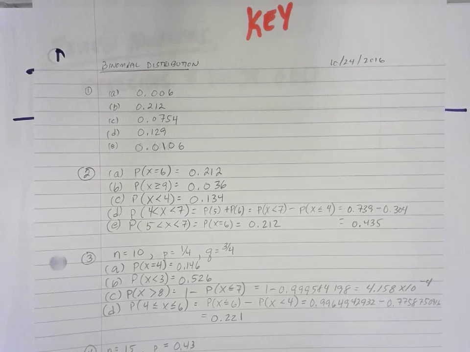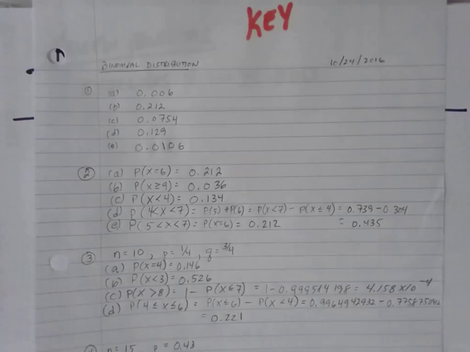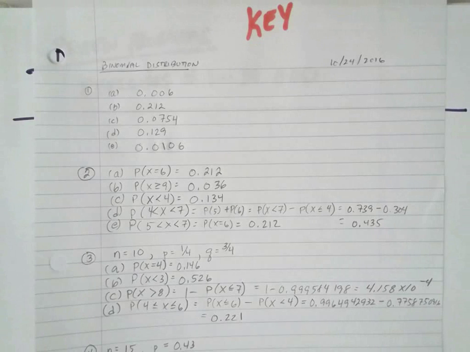The first one, guys, is .006. B is .212. C is .0754. D is .129. E is .0106.